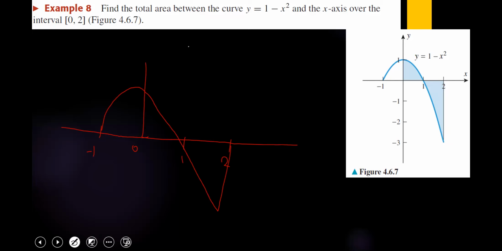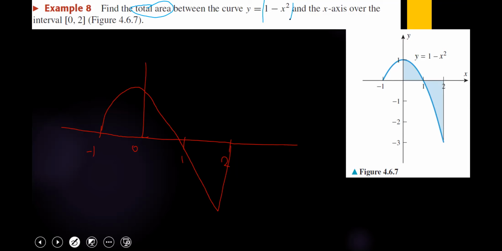Now, the total area, so from this word here, don't forget that I have to put the function between the absolute value. Now, between the curve, I want to see where's the shaded area between the curve and the x-axis.